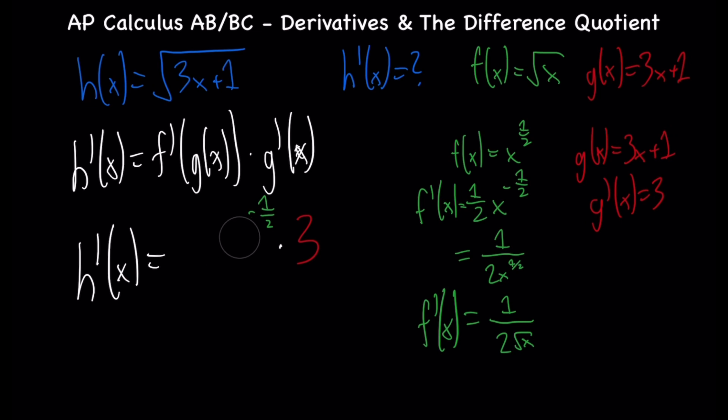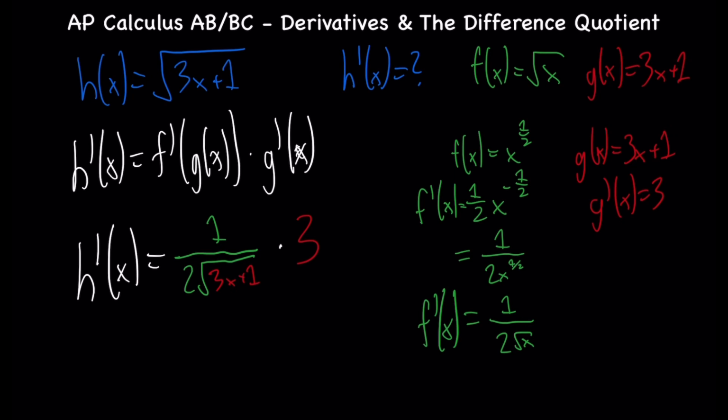So this would actually be 1/2 times 1 over the square root of 3x plus 1. You could do it however you want to. This is just an easier, more simple method.